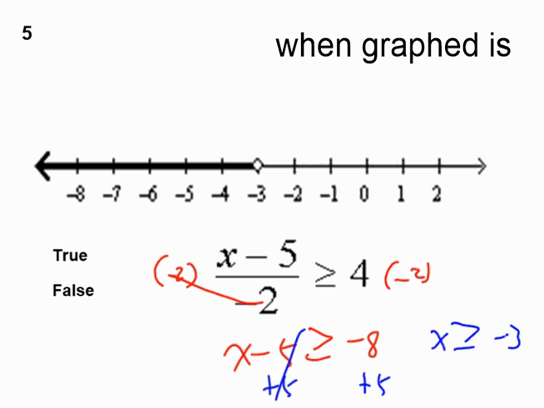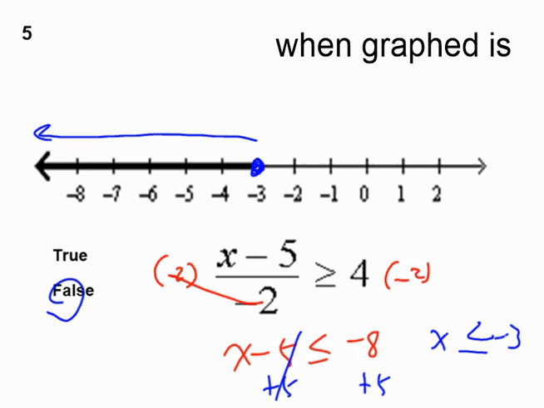But the only problem is, oopsie daisy, I forgot, when you multiply or divide both sides by a negative value, you have to flip your sign, right? So because I had to flip my sign, this is all values less than or equal to -3. And this is all values less than -3, but because it's an open boundary, it's false. If it was closed, it would be true.